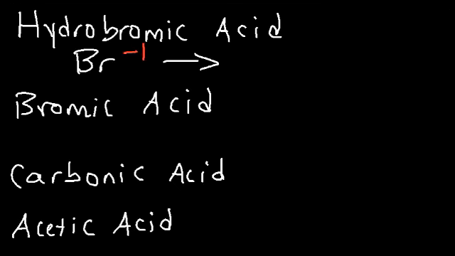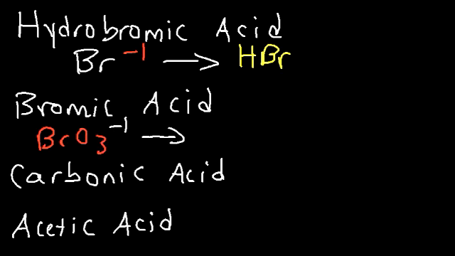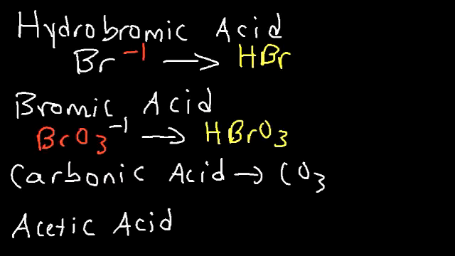So the formula for the acid is going to be HBr. Now for bromic acid, it comes from the polyatomic ion bromate, which is BrO3 with a -1 charge, and so we need to add 1 hydrogen to it, so it's going to be HBrO3. Carbonic acid comes from the polyatomic ion carbonate, which has a -2 charge, so therefore we have to add 2 hydrogens to it. So the formula for carbonic acid is H2CO3.